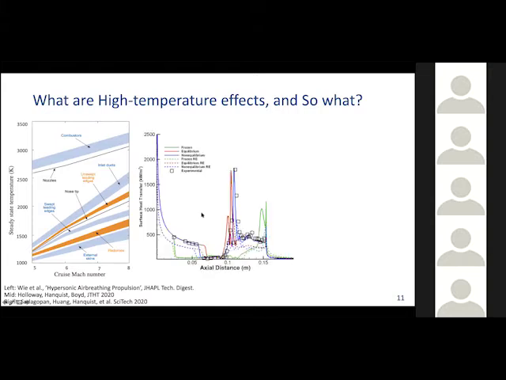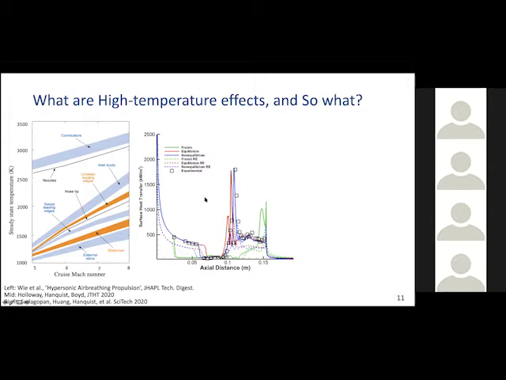And if we have these effects, then it's actually rather challenging to predict the heat flux accurately. Here's a study from my colleague from Arizona, where they tried different kinds of models to capture these experimental measurements.